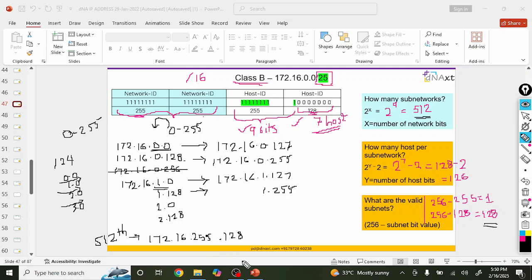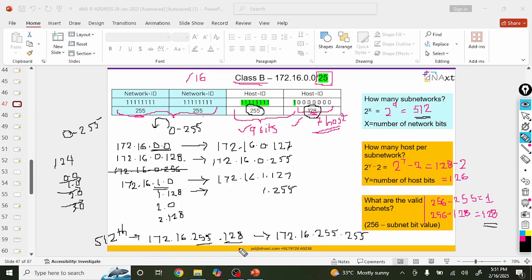This will be your last subnetwork. The values of your subnet bits will be there in the incrementing octet. And what will be the broadcast ID of this last subnetwork? It will be 172.16.255.255.